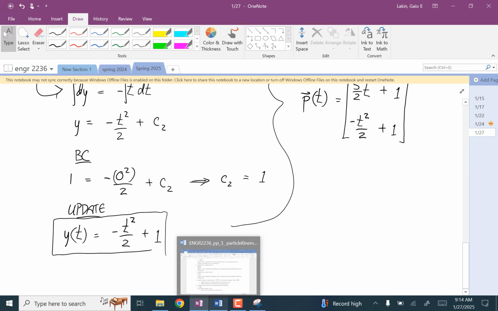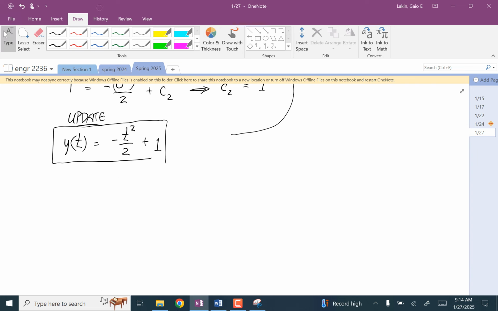All right. So now we're going back to the chain rule. And so we're working on cases where the velocity is known as a function of a position variable.